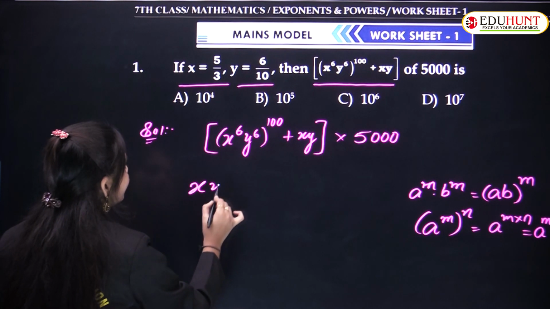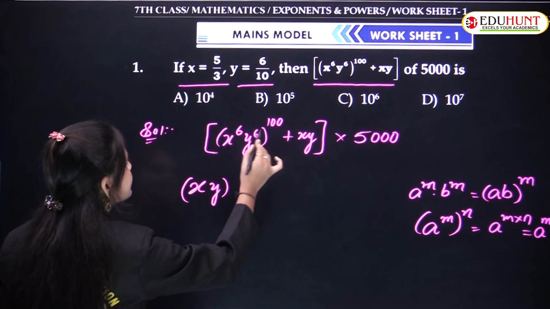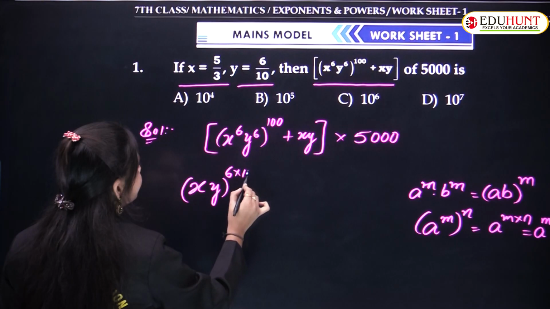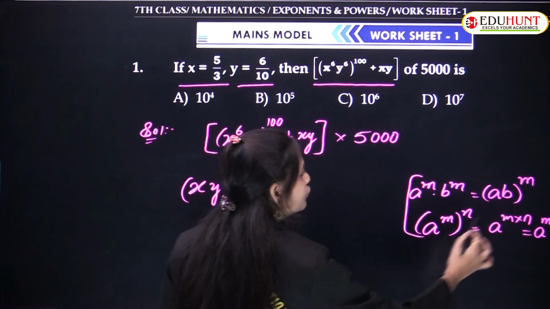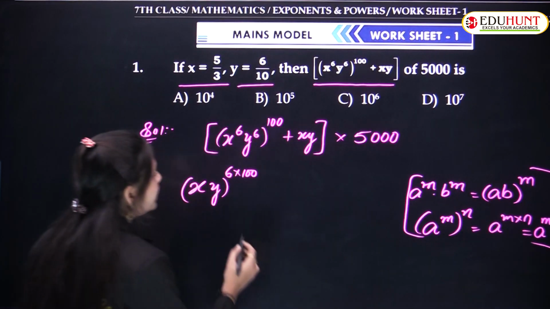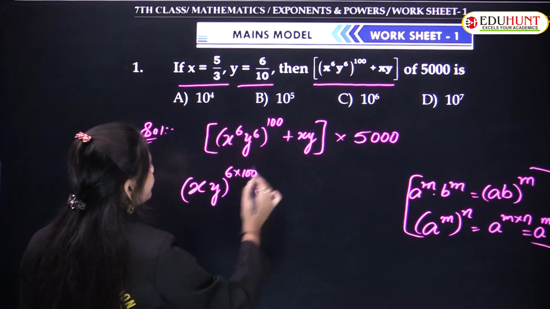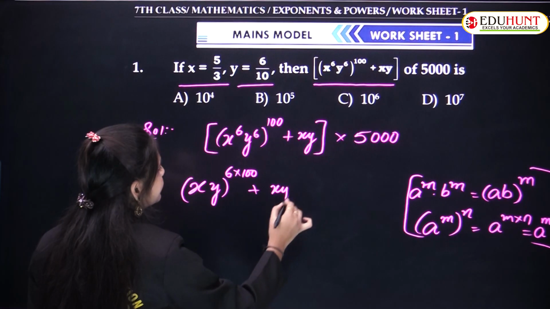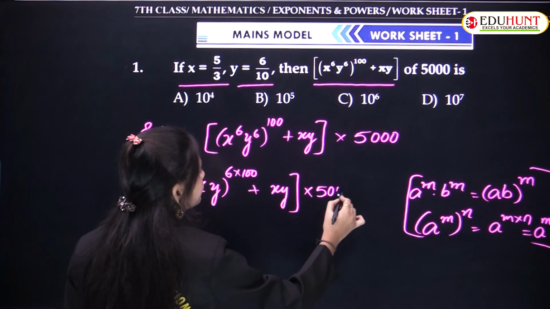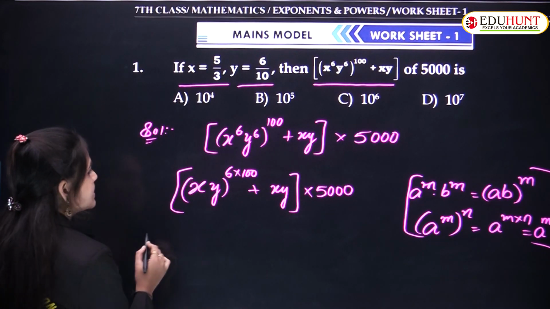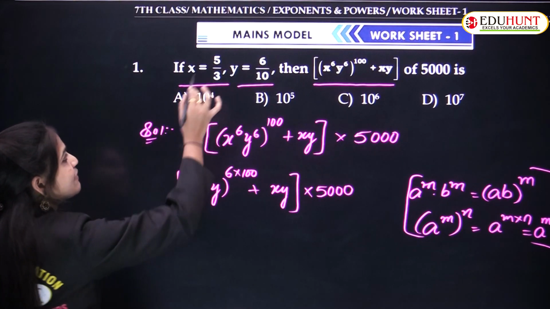(x into y) whole power, here 6 into 100. I applied these two formulas at a time. Plus x into y, into 5000. Clear? From this, what is the value of x?